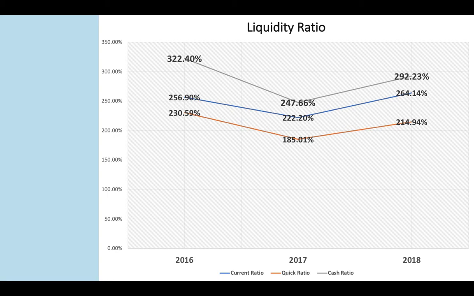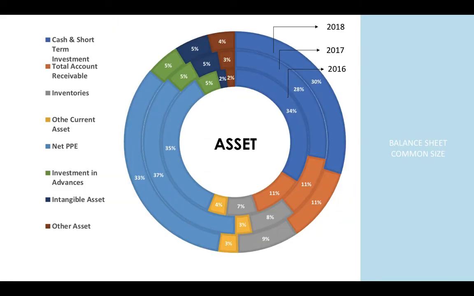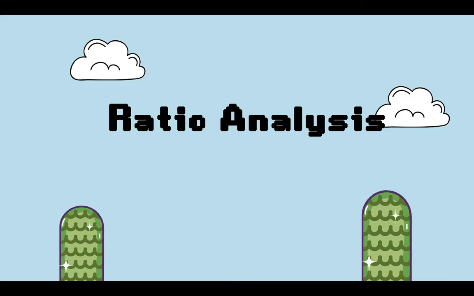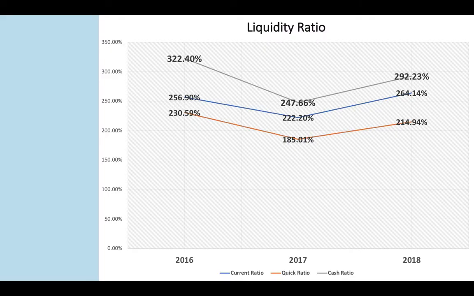So, as we can see, if we remember in the balance sheet common size analysis, the portion of their cash and short-term investment is really big. So it fits the ratio. That's why they have enough current asset to pay their current liabilities.